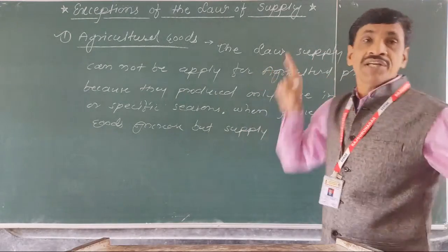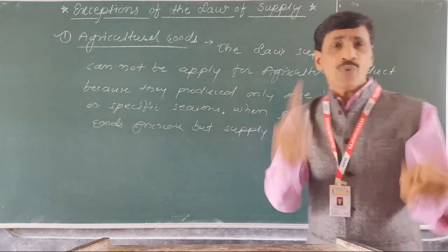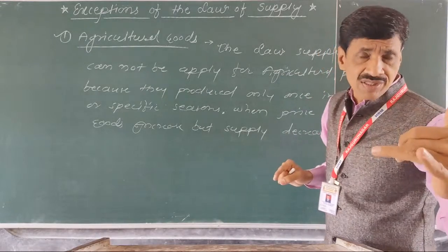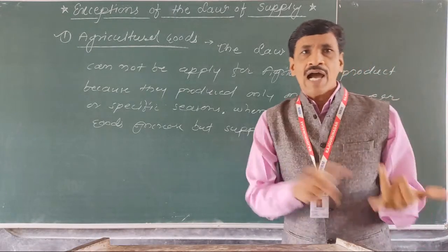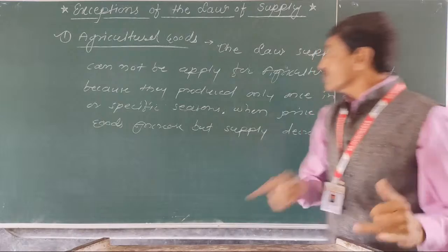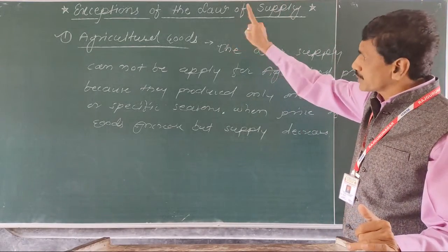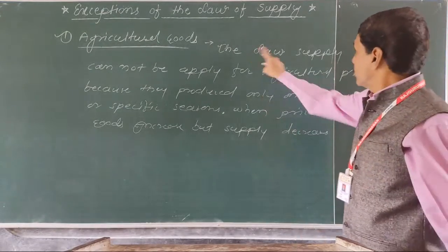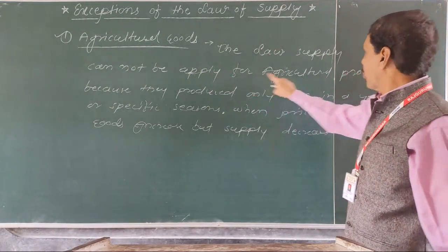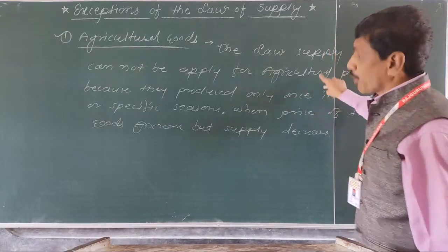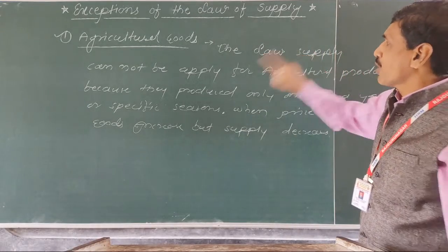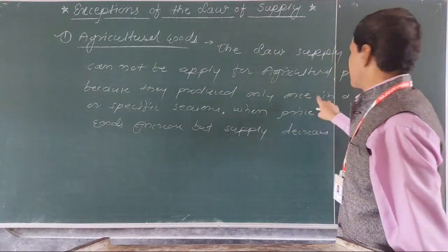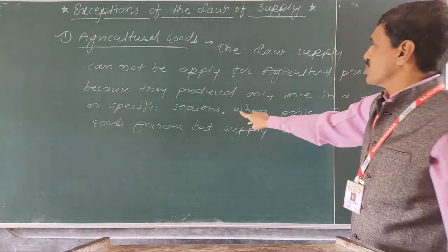So what is the statement of supply? When price rises, supply also rises, and when price falls, supply also falls. But agricultural goods, that type of goods, are against the law of supply because the law of supply cannot be applied for agricultural products, because they produce only once in a year or in specific seasons.